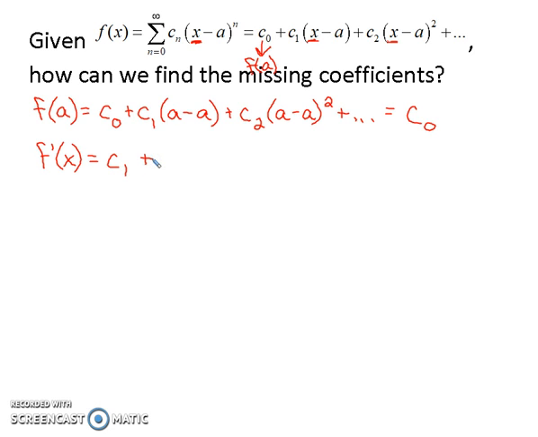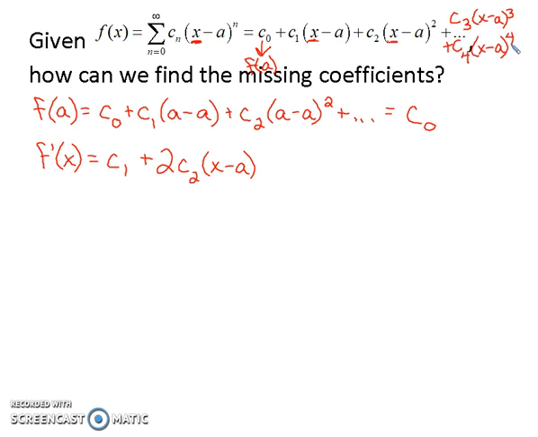And then the next one, we would bring the 2 in front, times c sub 2 times x minus a to the first power. Okay, and then we'll do a couple more terms up here. So I would have c sub 3 times x minus a to the third, and c sub 4 times x minus a to the fourth, and so on.